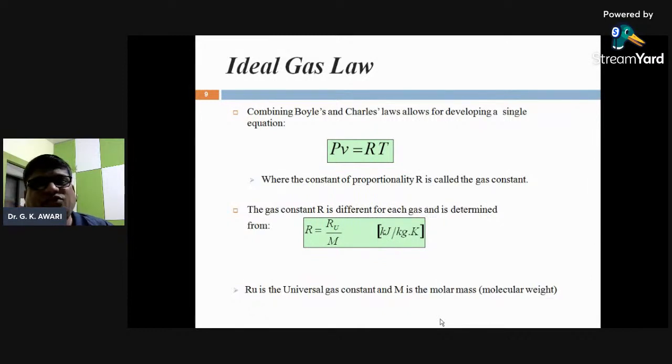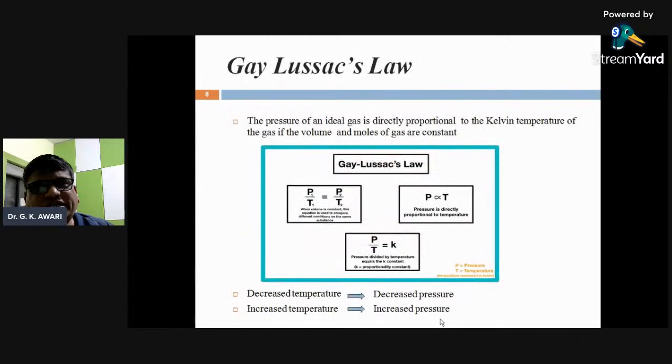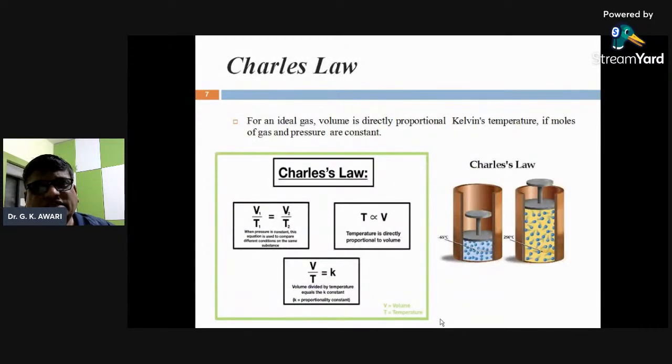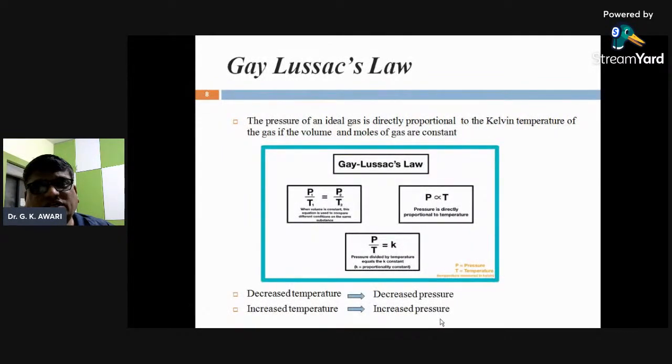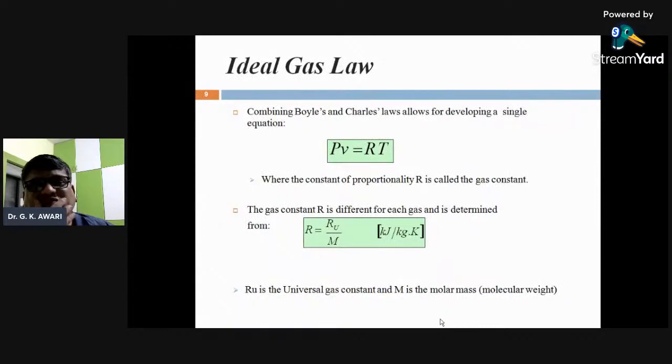Then the ideal gas law, which you have already studied in physics in 7th, 8th, 9th class. So what is the ideal gas law? Combining Boyle's law and Charles law allows for developing a single equation. Charles law says that V by T is equal to a constant, and another says that P by T is equal to a constant.